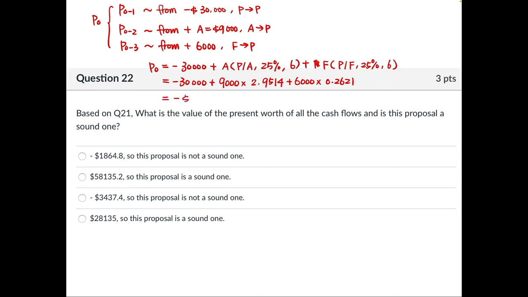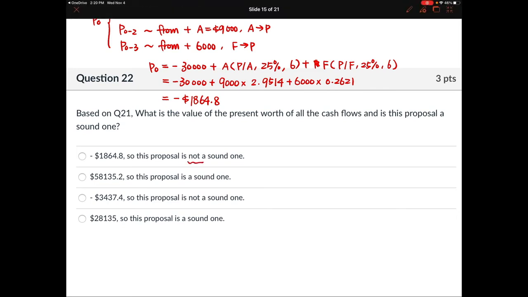So your final answer is negative 1864.8. It's negative, which means you are going to lose this amount of money if you accept this proposal. So it is not a sound one. So this is your correct answer.